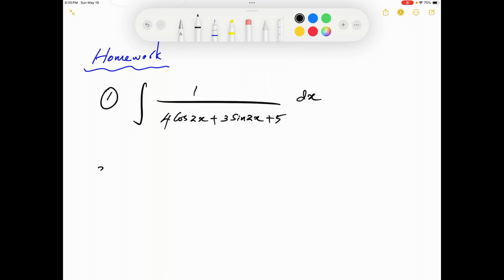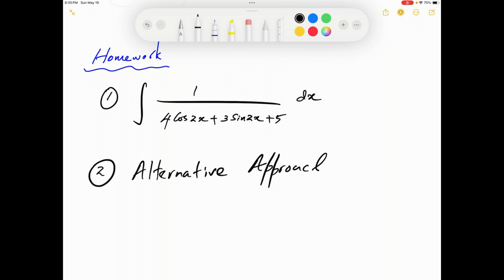My second homework question is try to evaluate this same integral using an alternative approach, which means without using the substitution u equals tangent x to solve this problem. In fact, in my next video, I will show you how to evaluate the integral discussed in this video without using the substitution u equals tangent x.